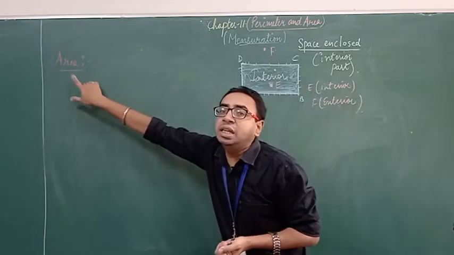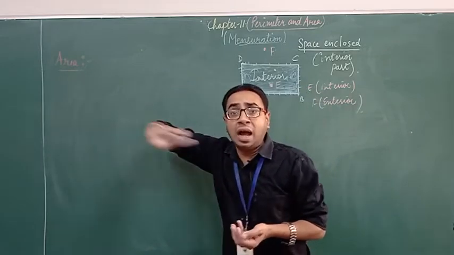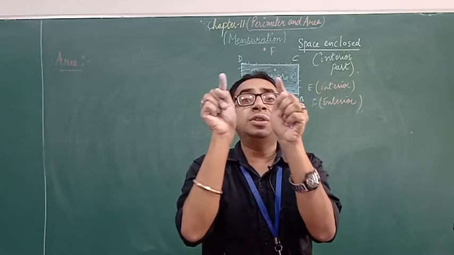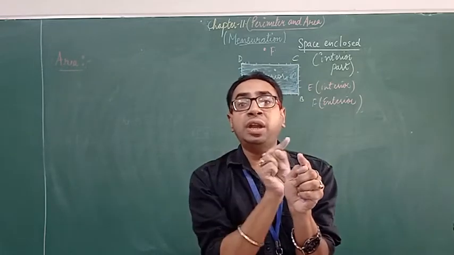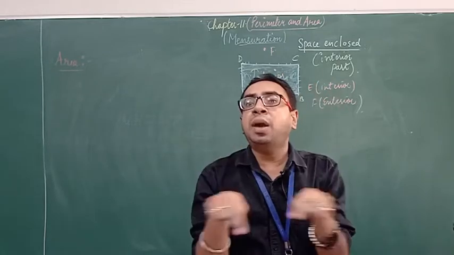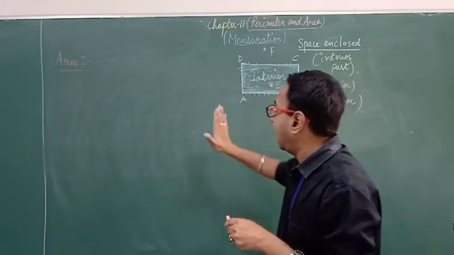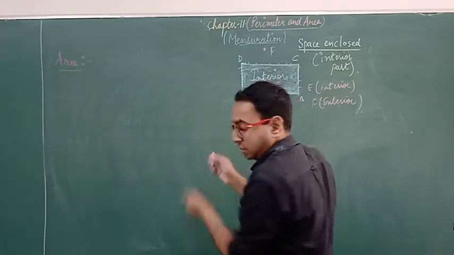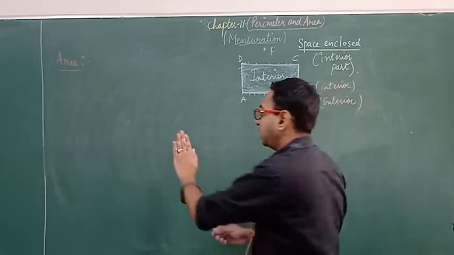So what is area? Let's see the definition of area. I hope I am clear with the area, the space enclosed. But if you are moving along the boundary, A, B, C, D, you are moving the perimeter. But you are covering that part completely. For example, my hand right now. What is my hand doing? My hand is covering. Let me give you an example. For example, this is my hand.